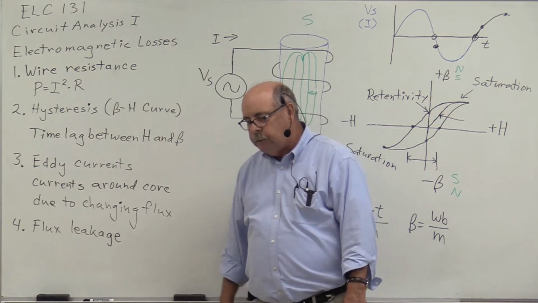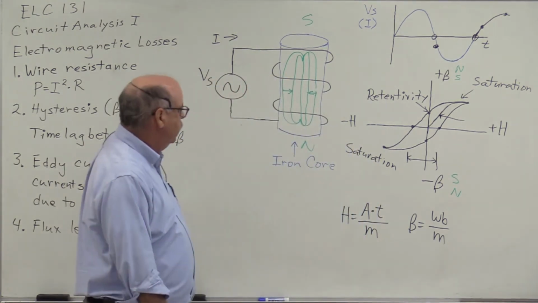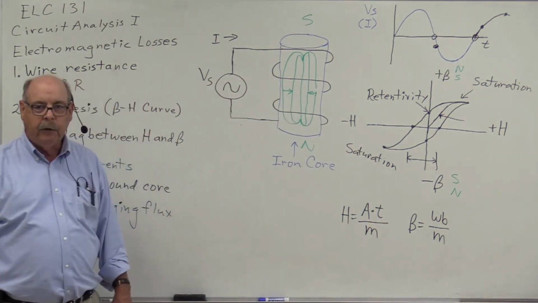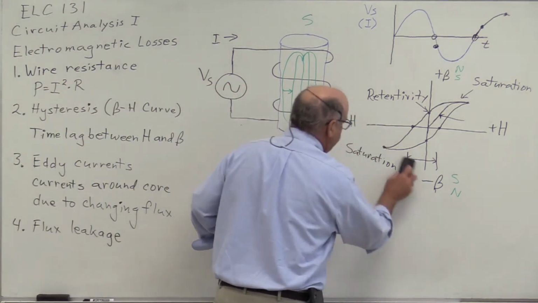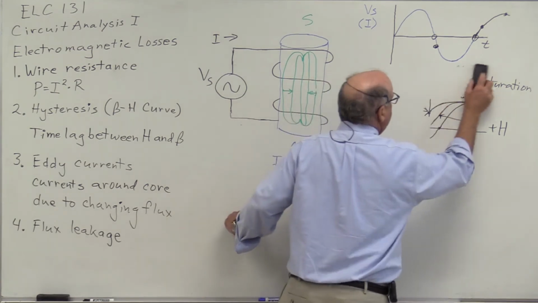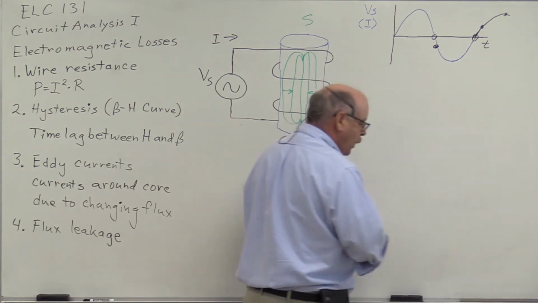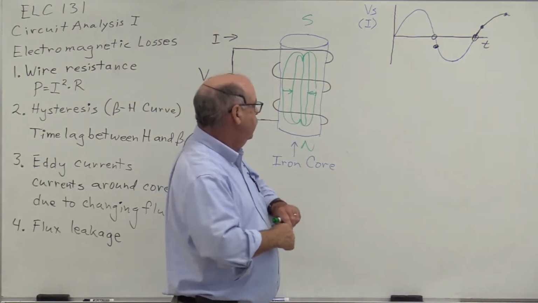Now, the third source of losses in an electromagnet are due to what's called eddy currents. And we'll go back to what we talked about in the previous video.